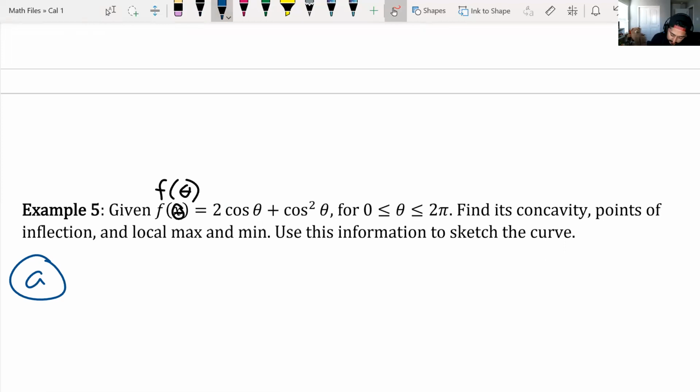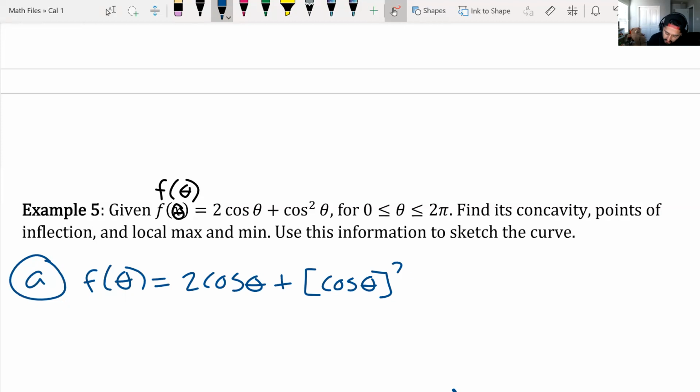Okay. So take the derivative. Actually, before we take the derivative, I need to rewrite something. I have f of theta equals 2 cosine theta plus cosine squared theta. And now I take the derivative.